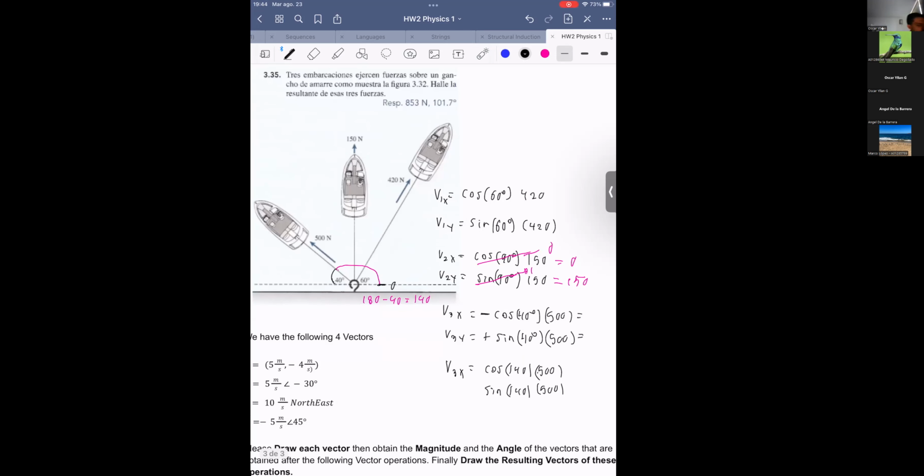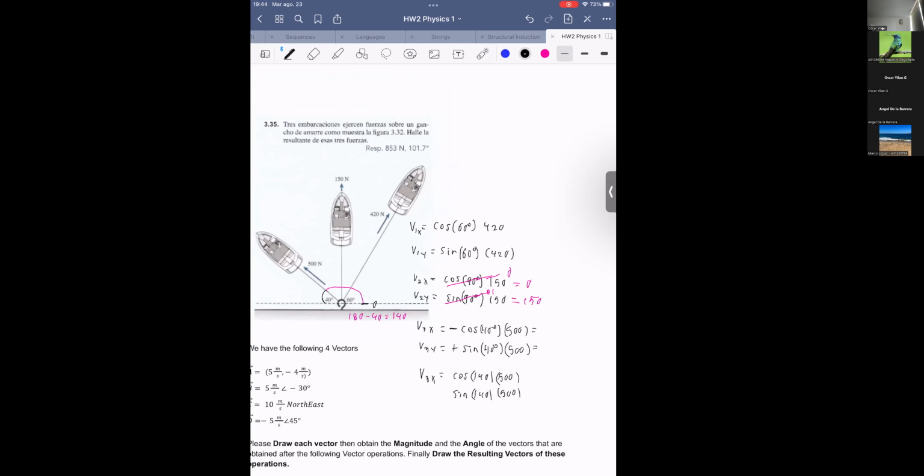Once you get the values, remember you have to add B1x plus B2x plus B3x for the x components, and for the y components, B1y plus B2y plus B3y.